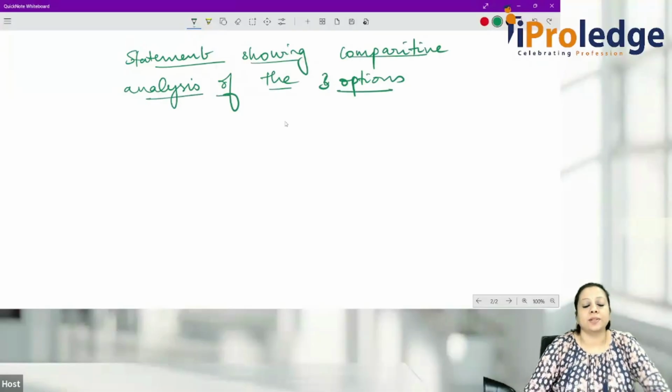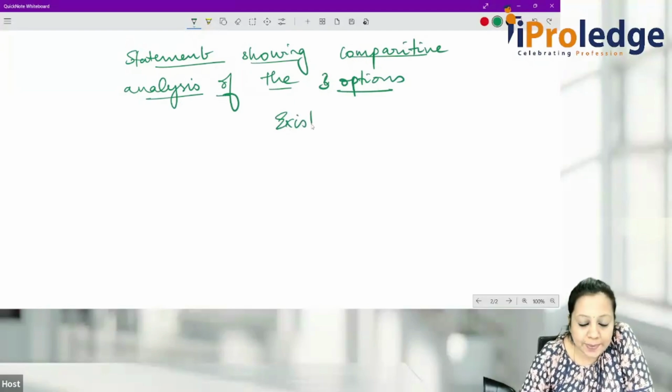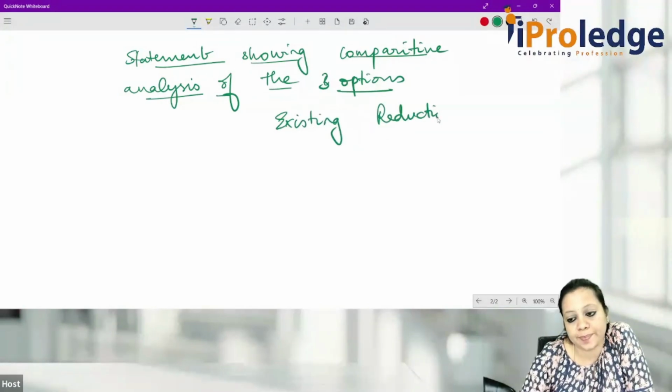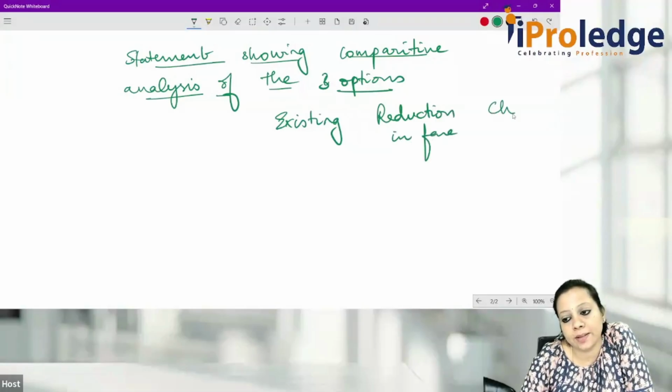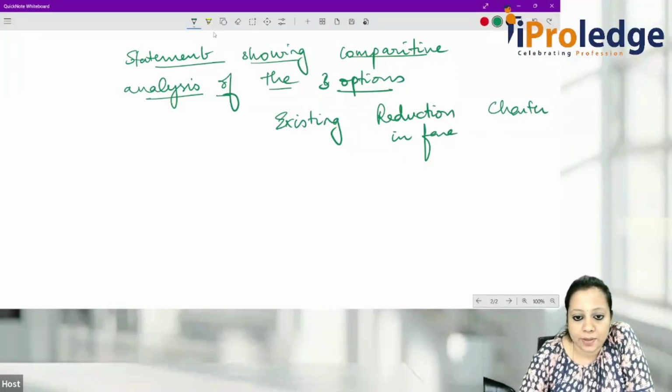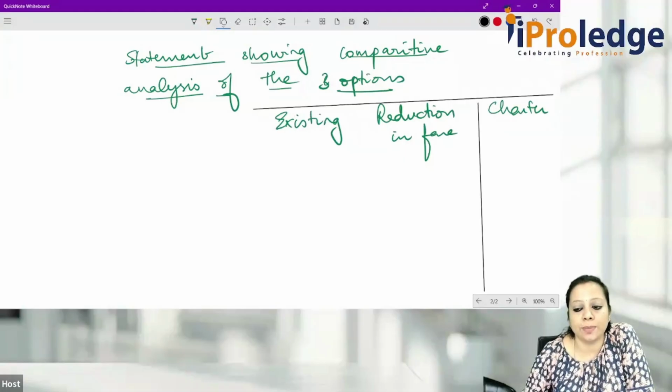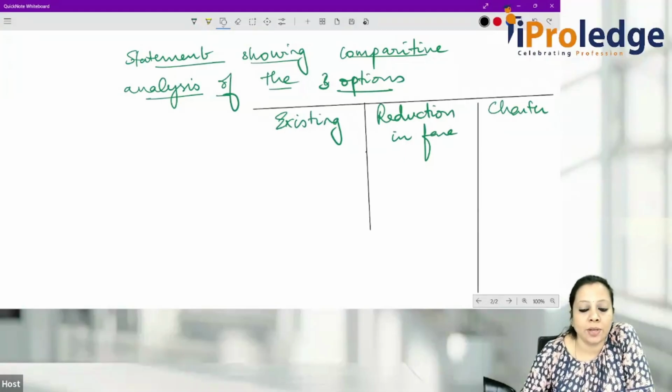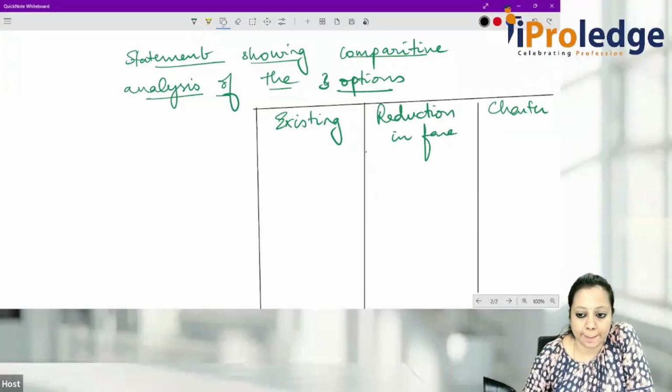So what are the three options? First one is existing. The second one is reduction in fare. And the third one is charter. The charter conditions alone I'll keep showing to you because it's not there in your print. Other things are the same as what is there.